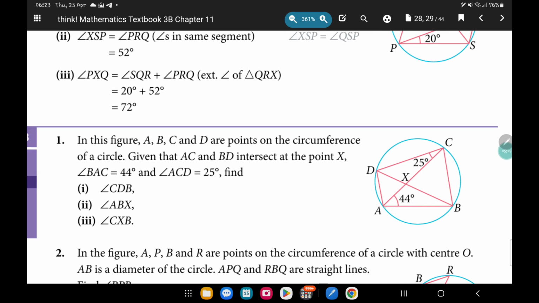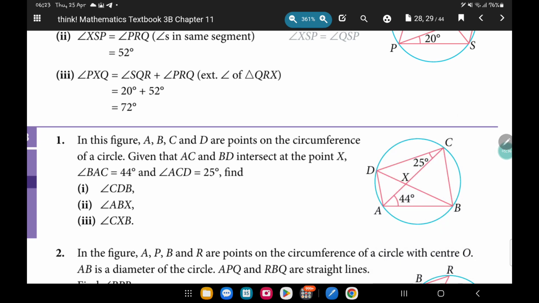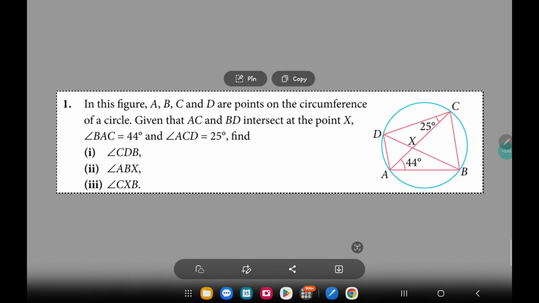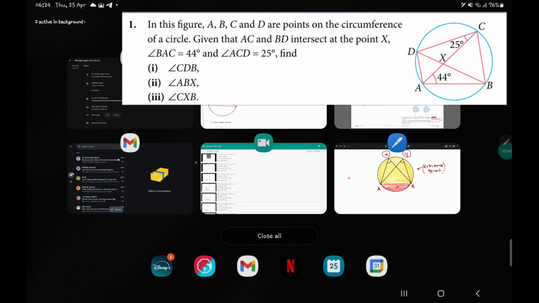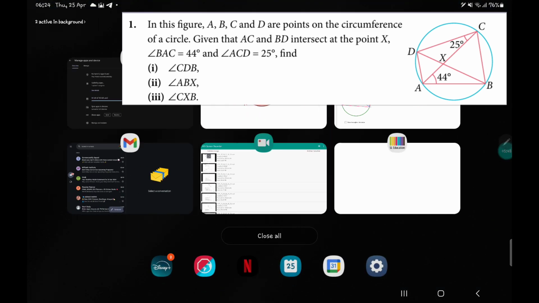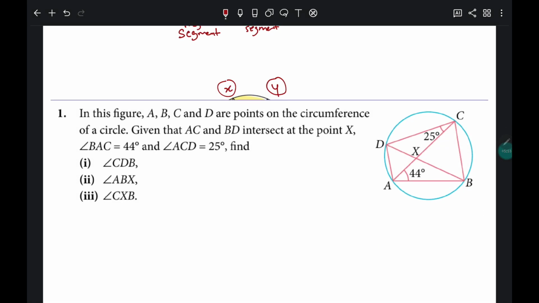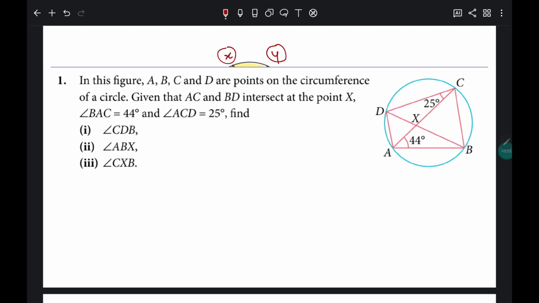Let me just screenshot this figure here. So in this example, you're supposed to find angle CDB.